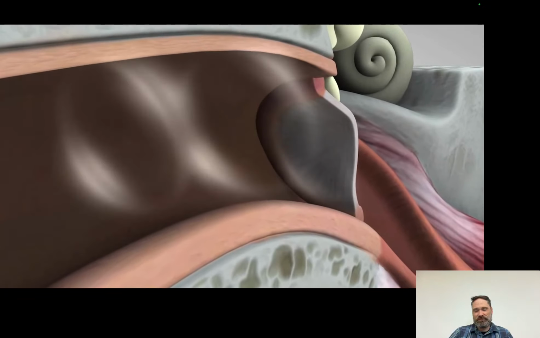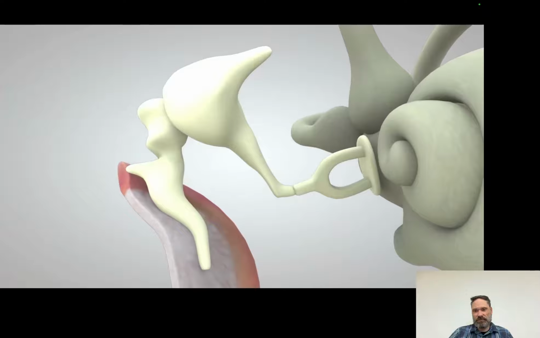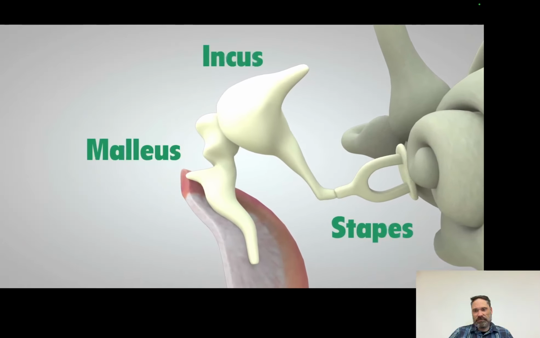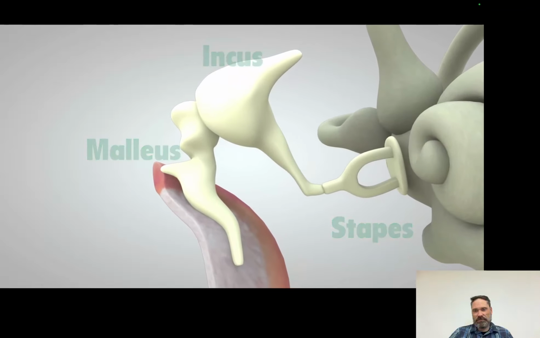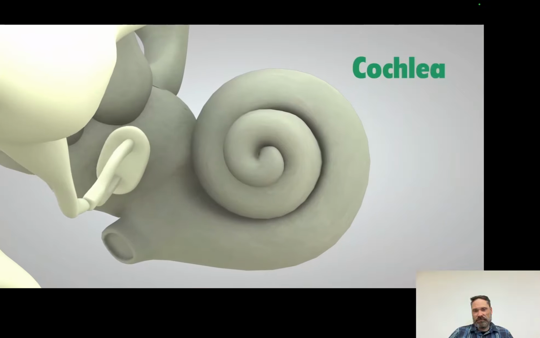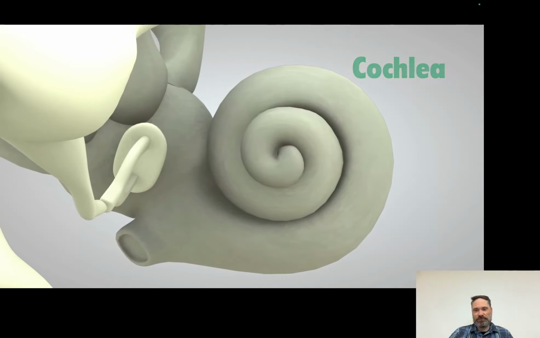They make the eardrum vibrate, which in turn vibrates three tiny bones called the malleus, incus, and stapes. These bones amplify or increase the sound vibrations and send them to the cochlea. The cochlea is shaped like a snail and is the size of a garden pea.